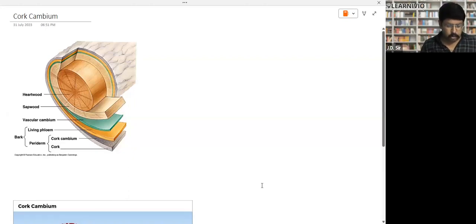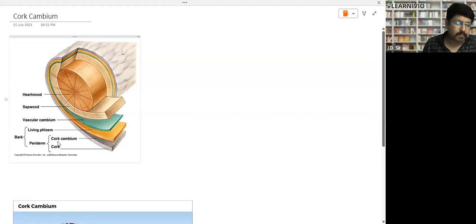Yes, sir. So what is a cork? Cork is the bark of the stem. Look, this is wood, hardwood sort of, and this is the vascular cambium. After the vascular cambium, there is a bark, and there is a cork cambium, another cambium.